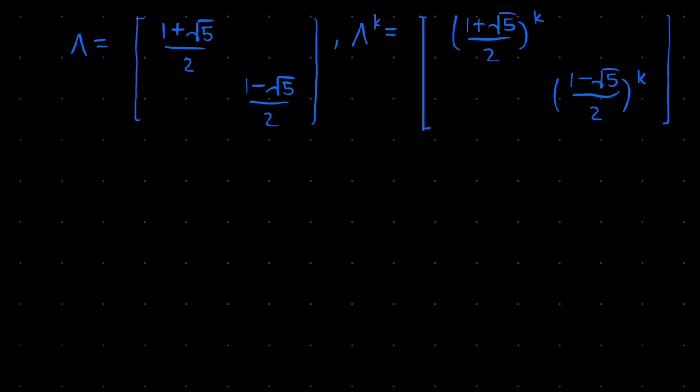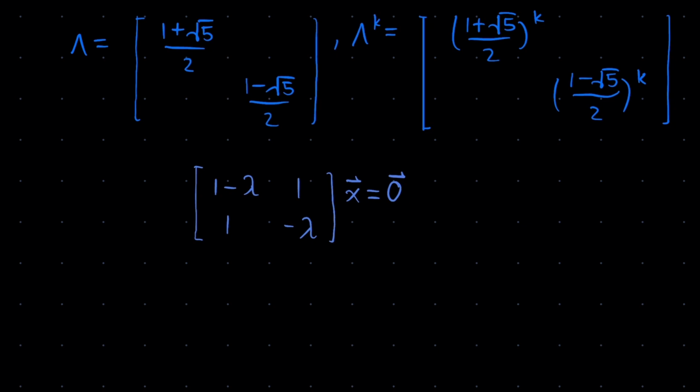And how do we do that? Well, it's simply acknowledging what A minus lambda I is. A minus lambda I is equal to 1 minus lambda, 1, 1, and minus lambda. And we're trying to find the null space of this. We're trying to solve this equation.